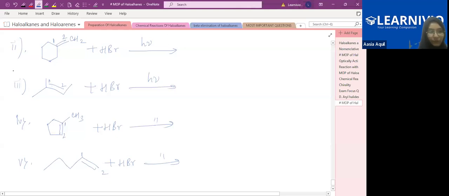Okay, according to you, we should attach this bromine on the second. So you are following the anti-Markovnikov addition rule, right? Is she correct? Yes, ma'am.